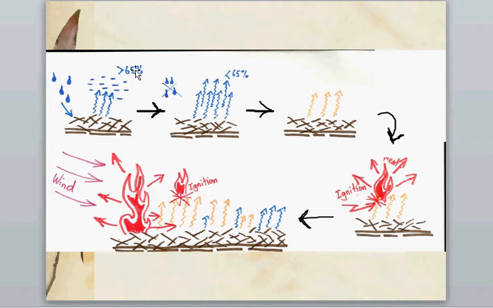When the humidity is greater than 65%, there's too much moisture in the air for the water to evaporate from the leaf litter. Okay? So there's no flammable gases coming off this leaf litter because the water is still present, and that's what will be released first.